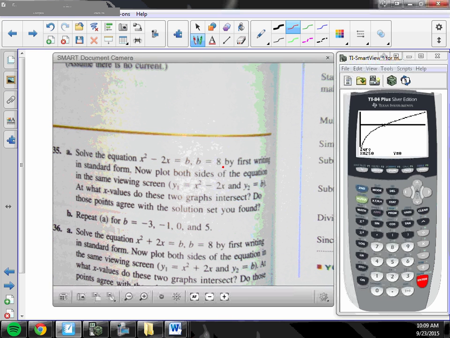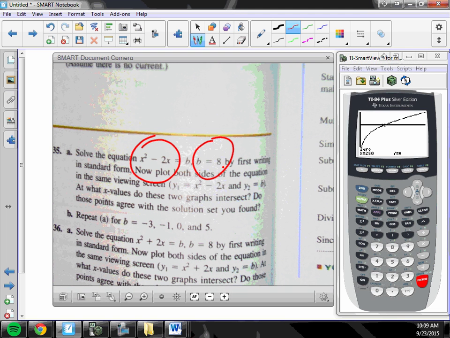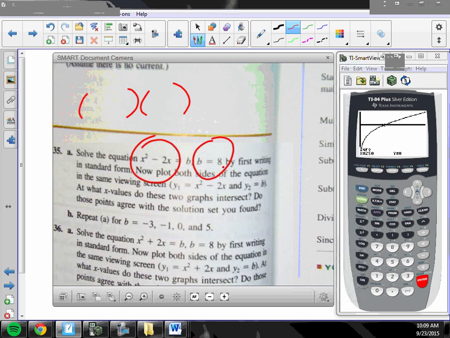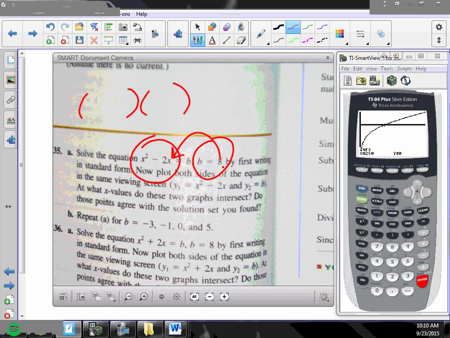So it wants you to use this graph and this graph to find the answers. And then you're going to do the same thing when b equals -3, -1, 0, and 5. So instead of finding the answers by factoring, or by moving the 8 over and graphing and seeing where it hits the x-axis, it wants you to find the intersections of the quadratic and the line 8.